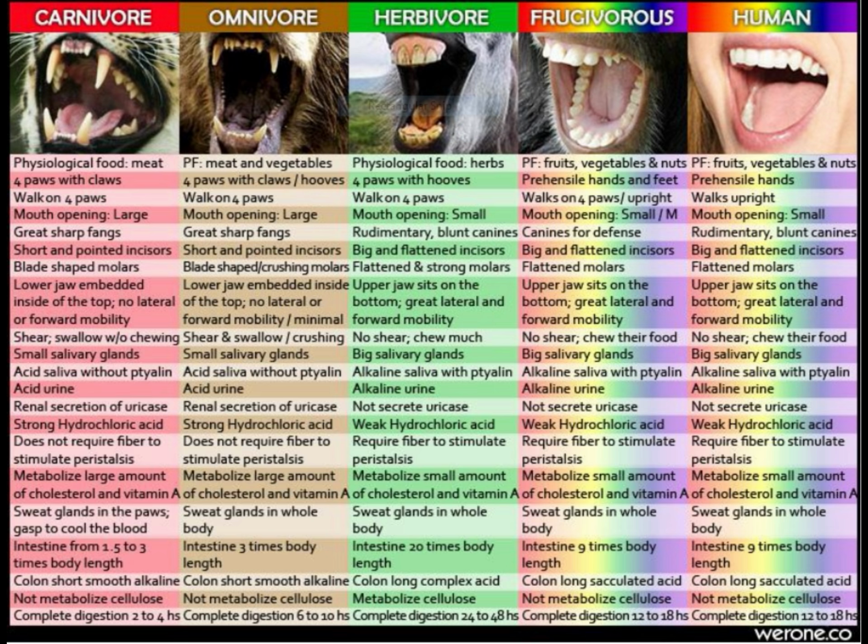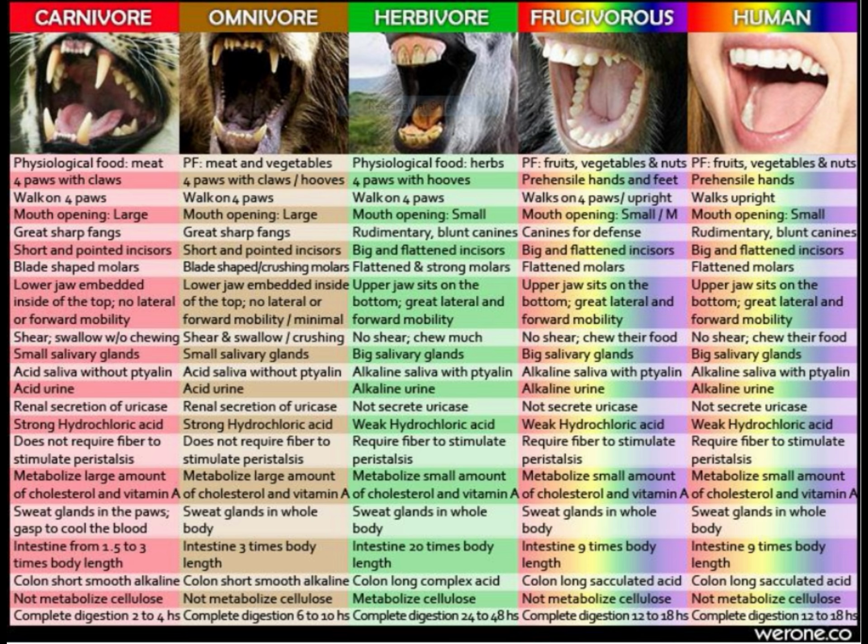I'm going to be addressing the inability to secrete uricase, whereas, say, the carnivore has the ability to secrete uricase. It says both the great ape and the human have weak hydrochloric acid, yet the carnivore and omnivore secrete strong hydrochloric acid. It says the carnivore does not require fiber to stimulate peristalsis.